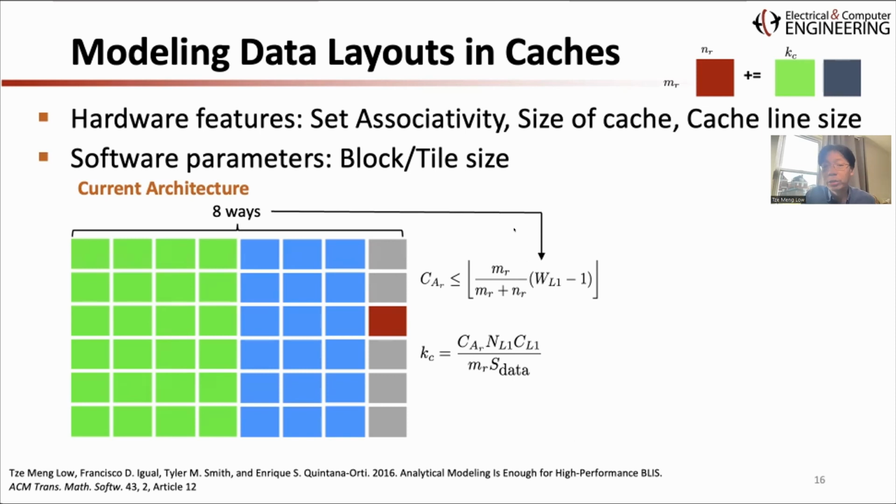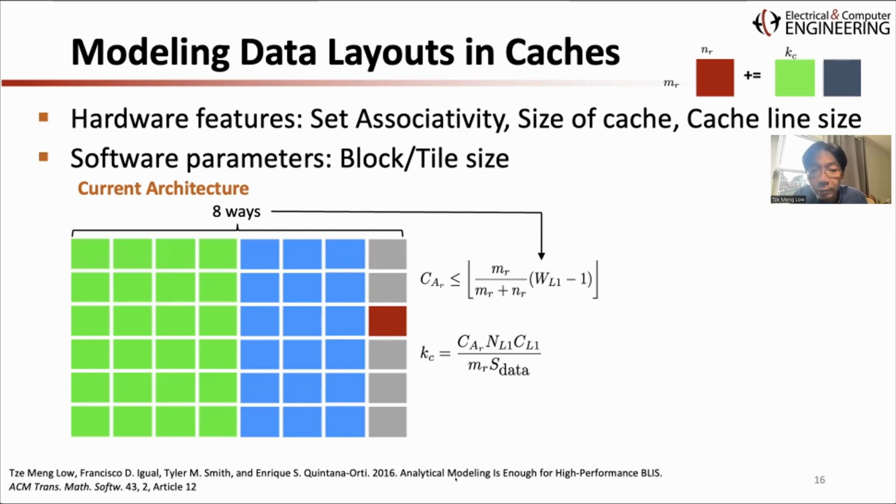Here I showed 2 equations. Essentially what we are saying is that, because I have 3 matrices, I have to clearly partition my 3 matrices across the 8 ways available in the cache. Now, I know my output is MR by NR, and I have no idea where the starting address is.